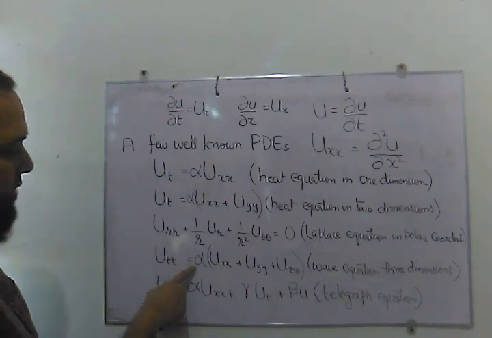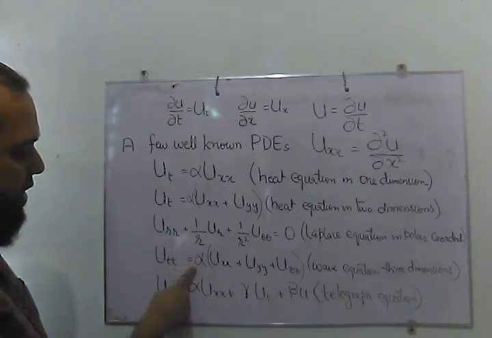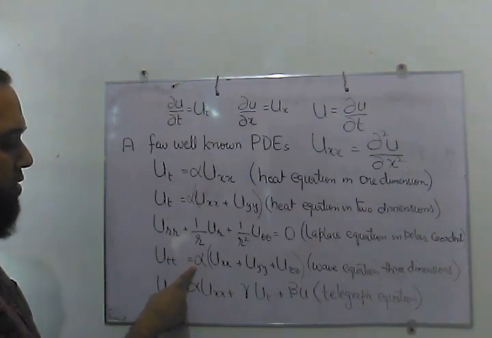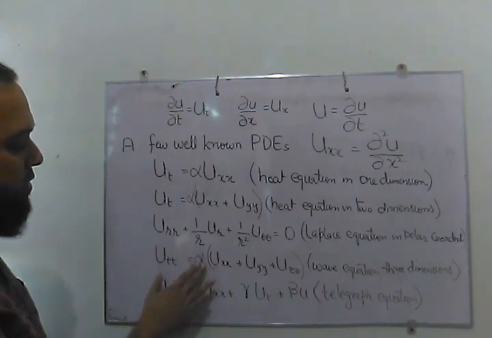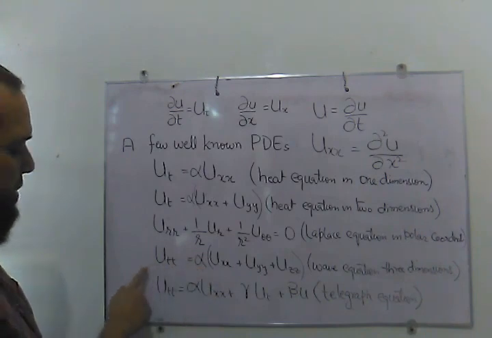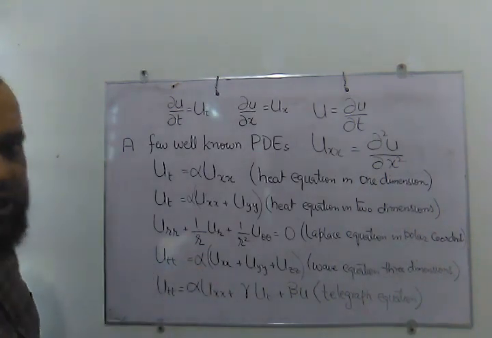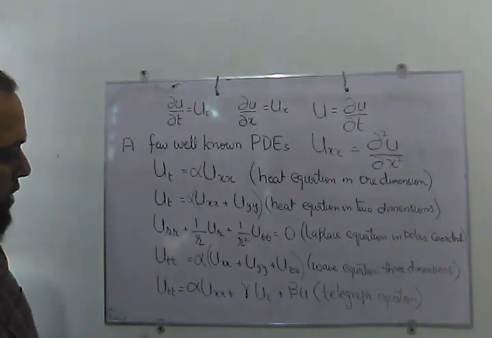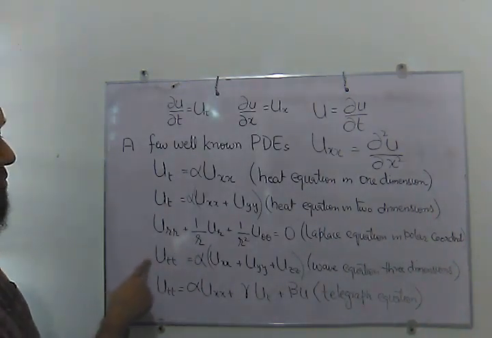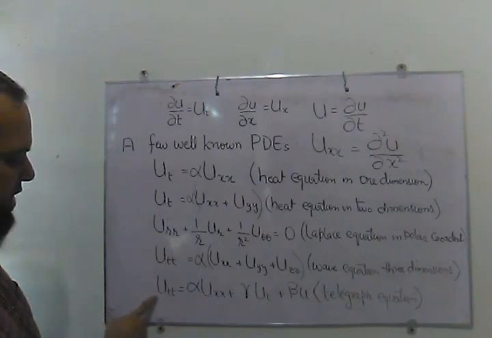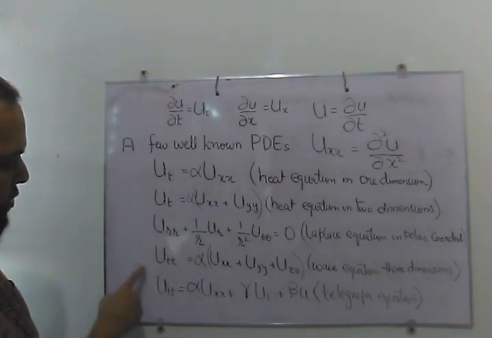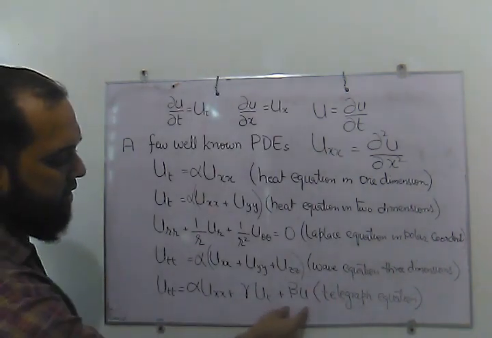So alpha here also is a constant. If we take the alpha value 1, then this alpha will vanish. But I just want to show you how the equation we are going to solve can be written. This is another equation, looks similar to the wave equation, but there are some additional terms here.